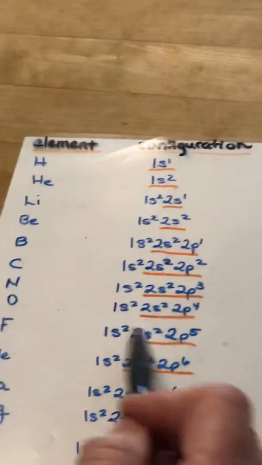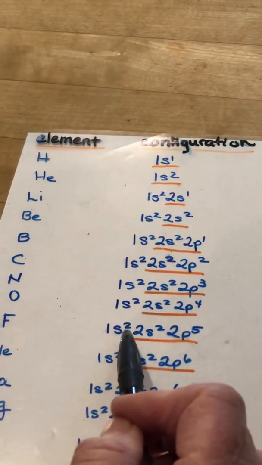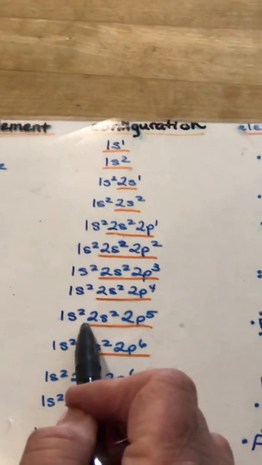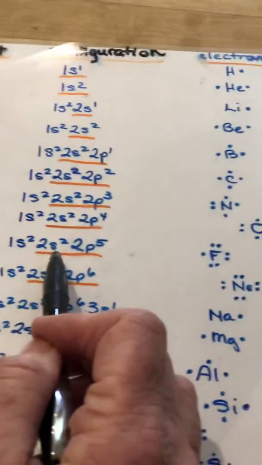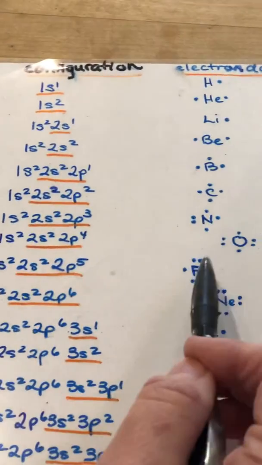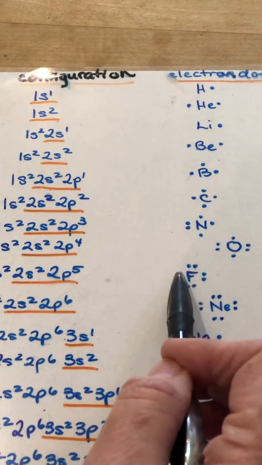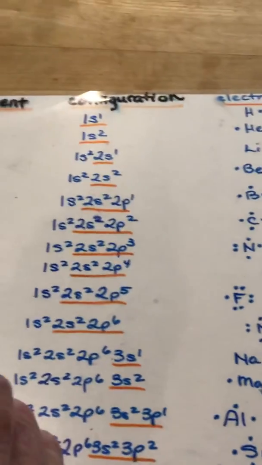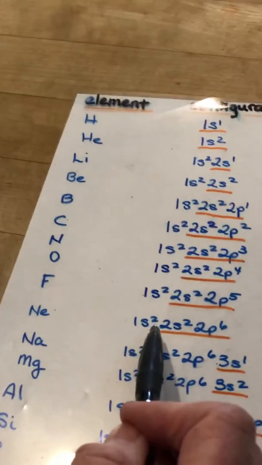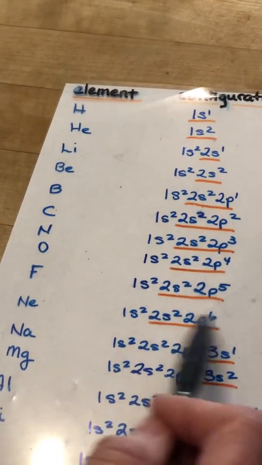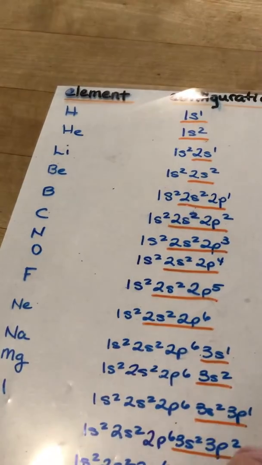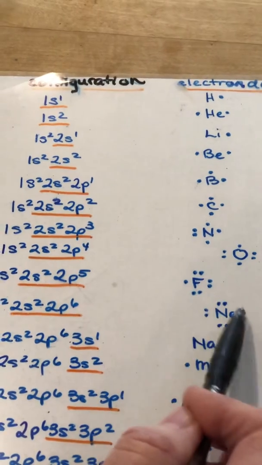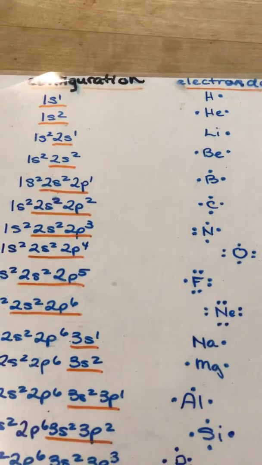Fluorine has 9 electrons, and it has 7 valence electrons, 1s2, 2s2, 2p5. The underlined electrons are the valence electrons, and we're going to have 1, 2, 3, 4, 5, 6, 7. 7 valence electrons. When we get to neon, you've got 8 electrons in the valence shell, 10 electrons altogether, and each of those sides is paired up. 1, 2, 3, 4, 5, 6, 7, 8.